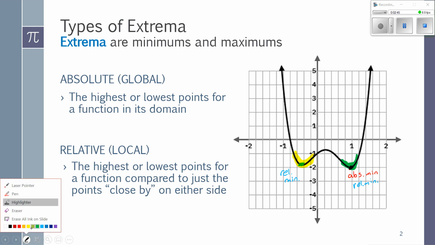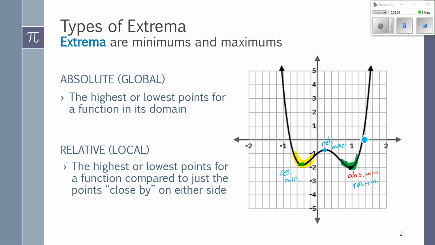Now, looking at this graph, I do not have any absolute maximums because on both ends, my graph is going up towards positive infinity. But I do see something that looks like a maximum here at about x equals 0.2, and this would be a relative maximum because it's the highest point close by. The fact that there are higher points out here past 1 and past -1 doesn't impact this being the maximum close to this x value.